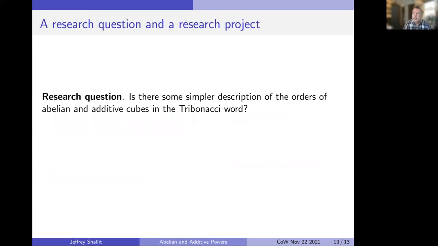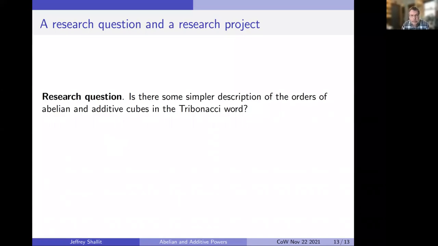So now we come to the question and the project, and maybe some of you already know about that. Is there some simpler description of the orders of abelian and additive cubes in the Tribonacci word? Remember, for the Fibonacci word and for Sturmian words, there is a very simple characterization in terms of integer parts of some irrational multiple being congruent to something.